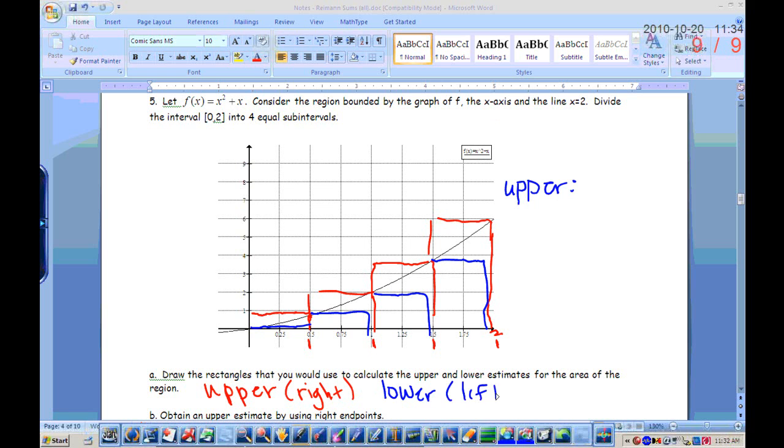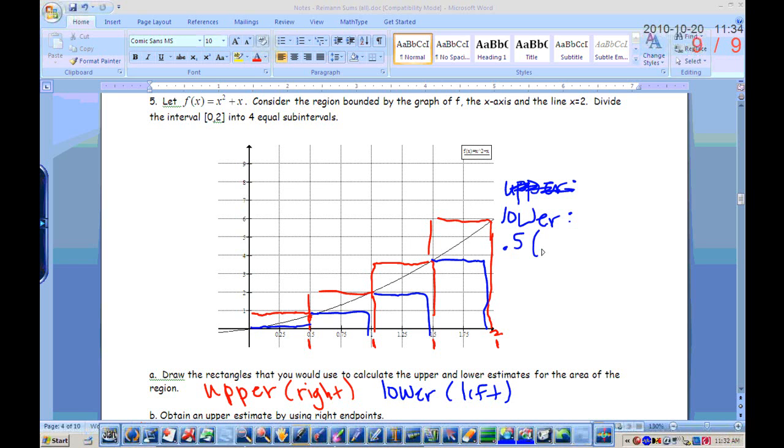Lower is left. Actually, I'm going to do the lower one first just because I'm in that color pen. What's the width of every single rectangle? 0.5. Now, how on earth am I going to find the height of each of those rectangles?